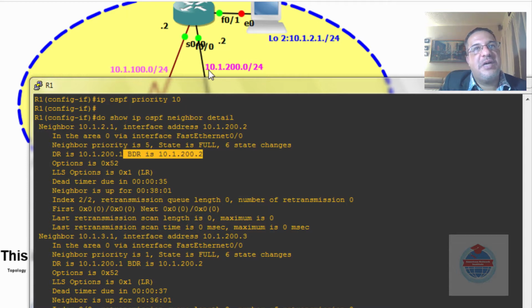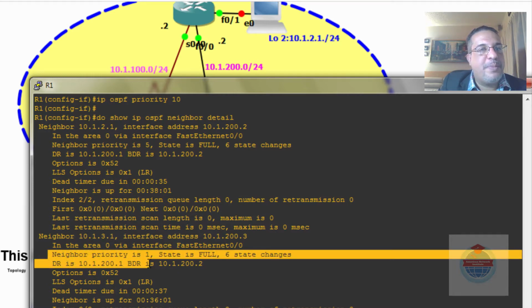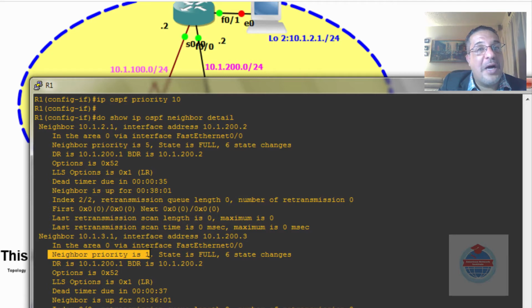What is located there? 10.1.200.2, over here, guys. Besides that, it mentioned that the neighbor 10.1.3.1, the neighbor priority is 1. Remember that's how we set up from the beginning of this exercise. Got it? Okay.